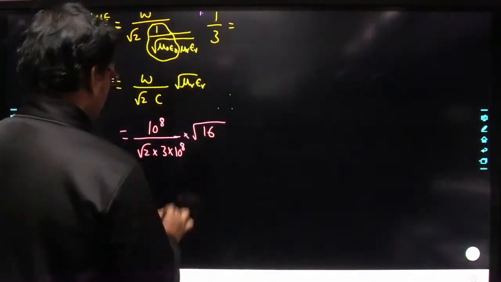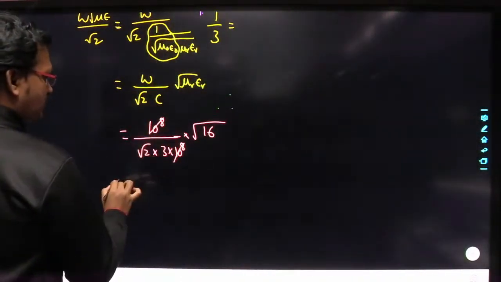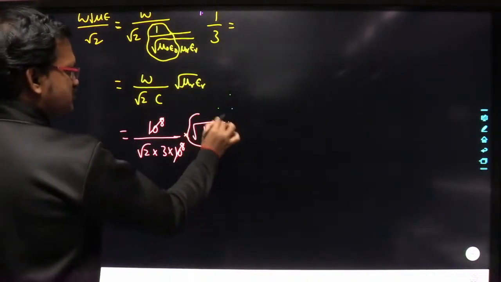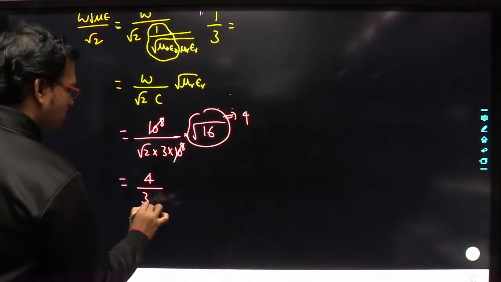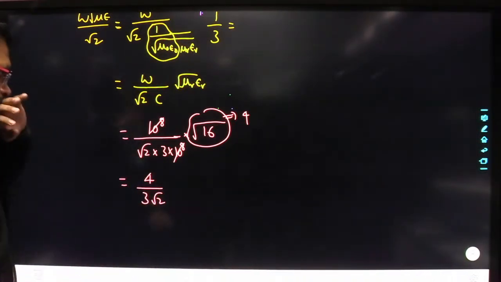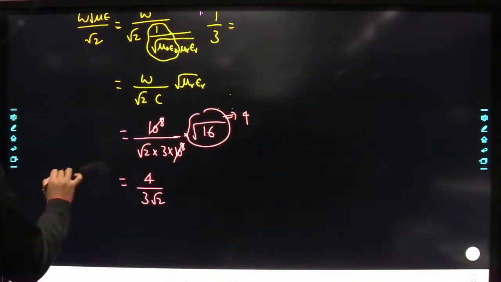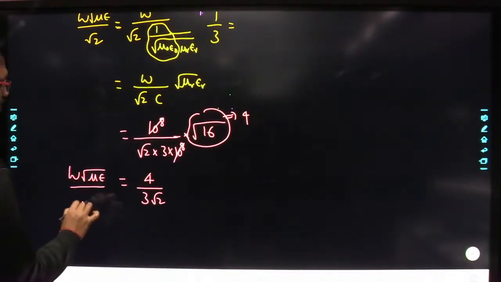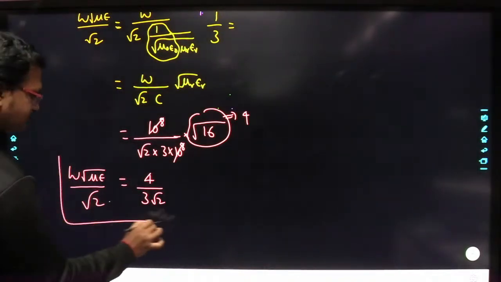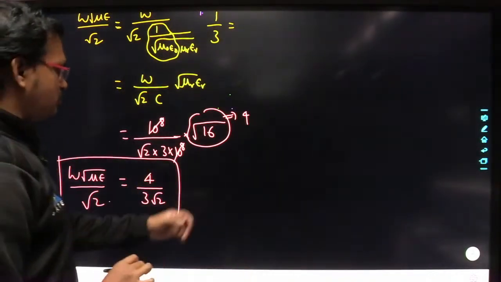So here 10 power 8 will get cancelled. Square root of 16 is nothing but 4. So you are getting 4 by 3 root 2. Yes or no? So this is the value of omega into square root of mu epsilon divided by root 2. This value is 4 by 3 root 2.